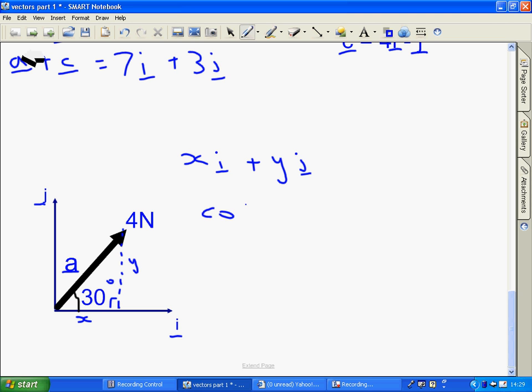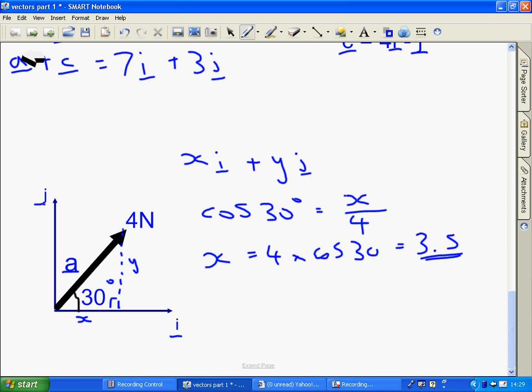I know the cos of 30 degrees is equal to the adjacent, which is x, divided by the hypotenuse, which is 4. So I know x is equal to 4 lots of cosine of 30, which is 3.5 to 1 decimal place. So my vector, 4 newtons, I know the horizontal component is 3.5i.